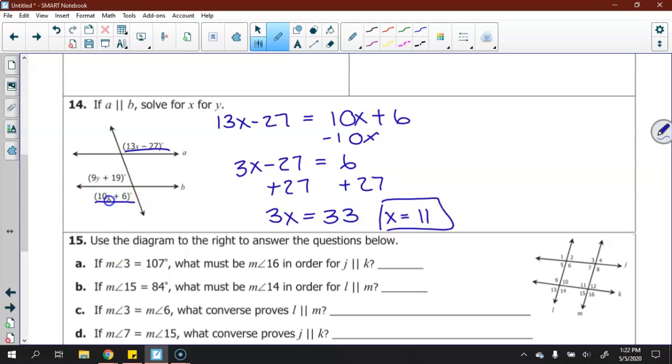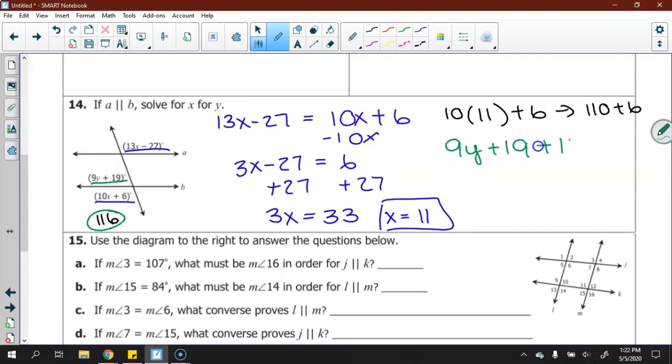Now that you know what this is, you have to plug it back in so that you can solve for y. All right, so I've got 10 times 11 plus 6. That is 110 plus 6. So that means this angle over here is 116. All right. So knowing that, I can say, all right, well then this chunk plus this equals 180. So 9y plus 19 plus 116 equals 180.